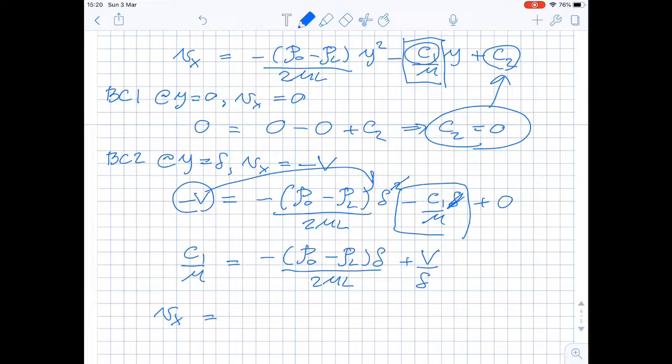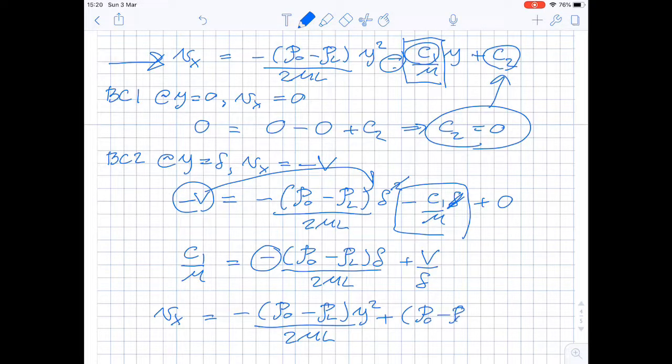So Vx, according to this part, should equal to minus (P0 minus PL) over 2 mu L y squared minus C1 over mu. And you have minus here and minus over there. That turns to be plus (P0 minus PL) over 2 mu L. This is part of the C1 over mu delta times y.